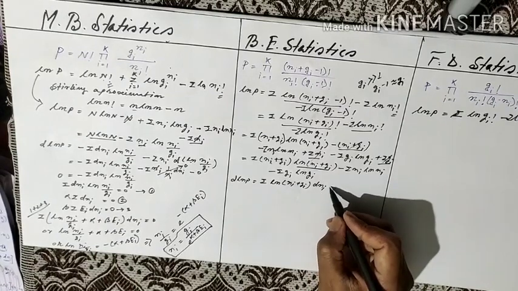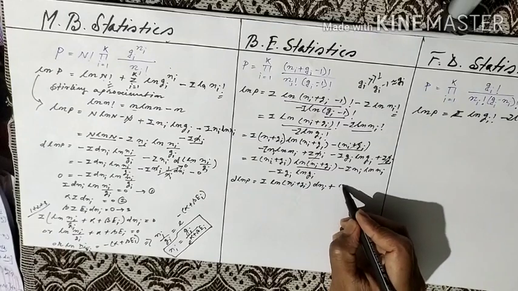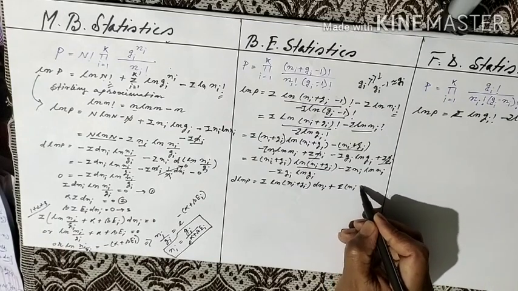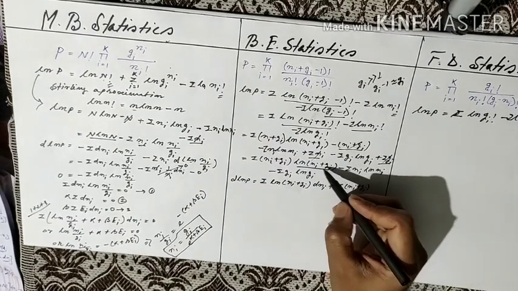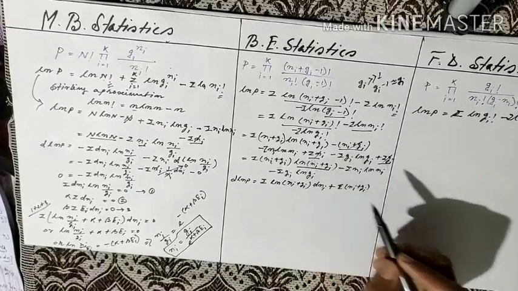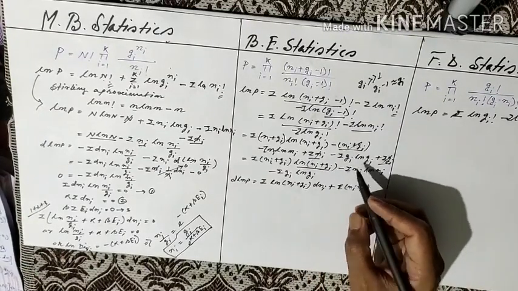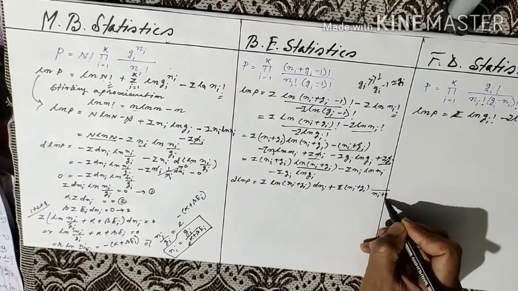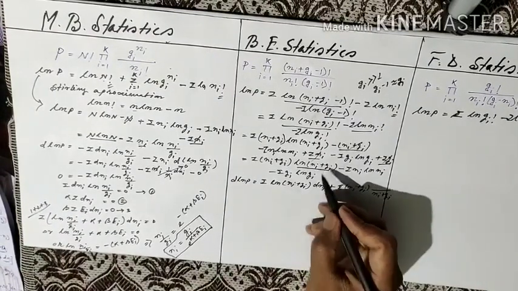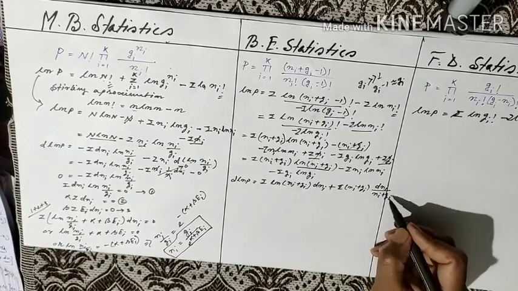Plus then keep ni plus gi as constant, and for ln ni plus gi, 1 by x dx, 1 by ni plus gi into d of this; dgi is equal to 0, so automatically dni.